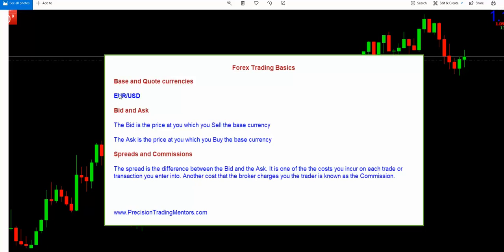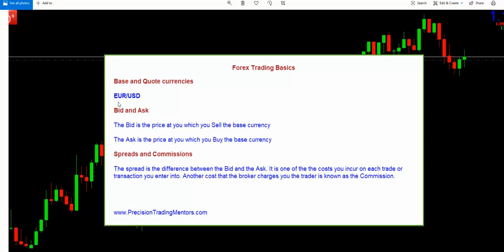So when you're trading in Forex, you would always be trading one currency against the other. So here we have the euro USD. If you think the price of the euro is going up against the USD, you'll be buying the base.